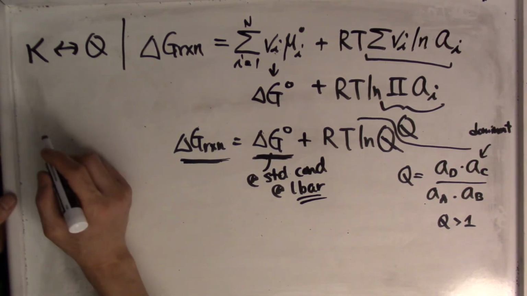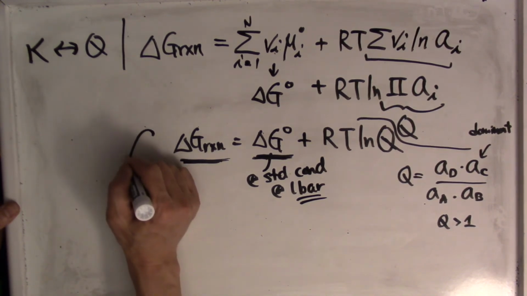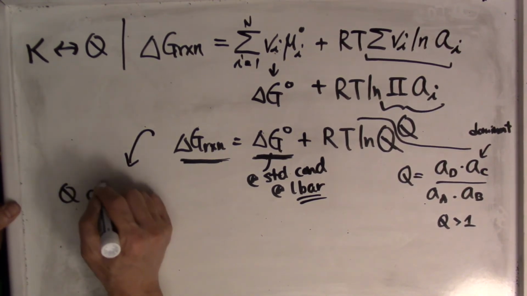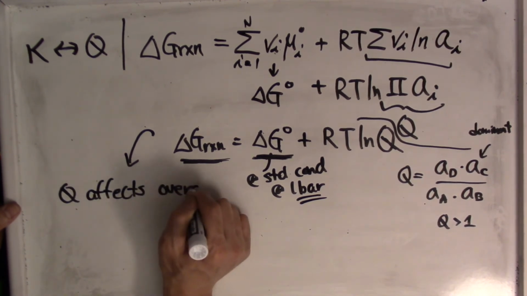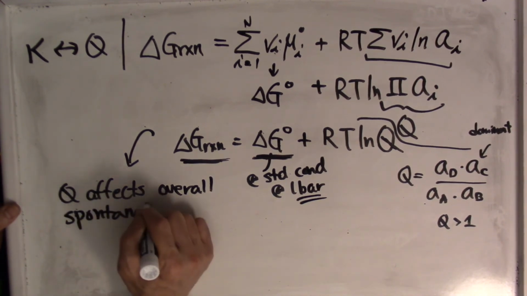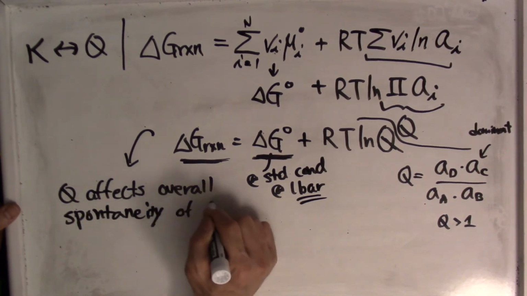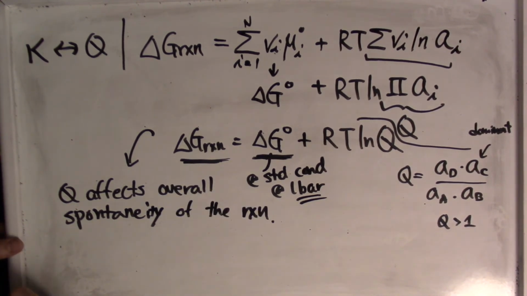So what does it mean? Let me write down what I just said: Q affects the overall spontaneity of the reaction, whatever the reaction is.